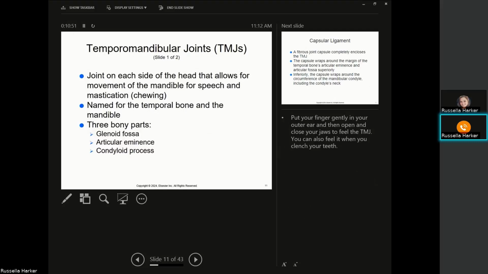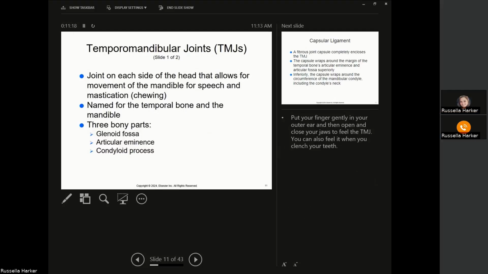It's named for the temporal bone and the mandible, which is where those two bones meet and articulate. It has three bony parts: the glenoid fossa, the articular eminence, and the condyloid process. So this joint allows us to chew and to speak.